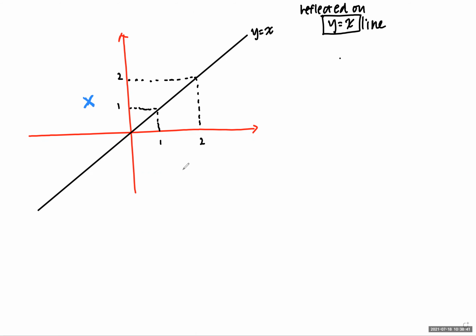Then I know my reflection is around here, correct? And this and this is also equally spaced, and they're 90 degrees. Correct now, guys? With that, you should be able to find the reflected part also, because they are the same.